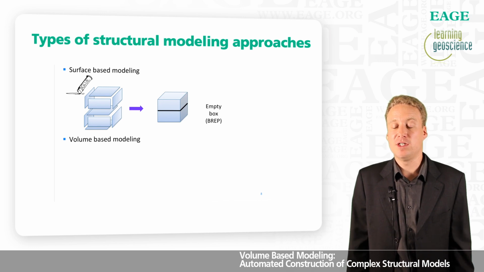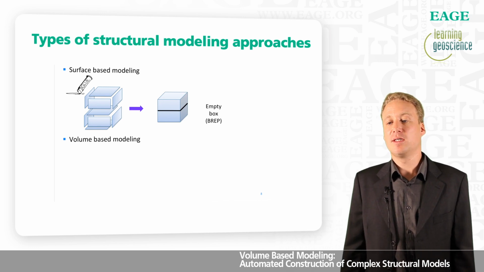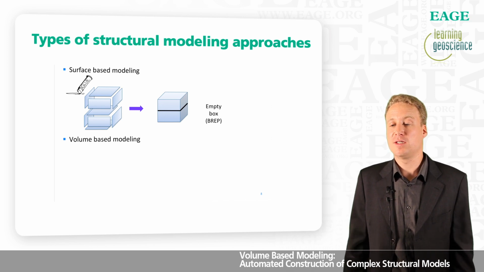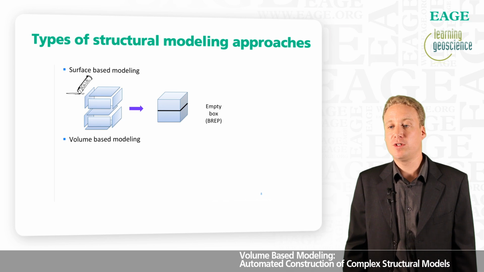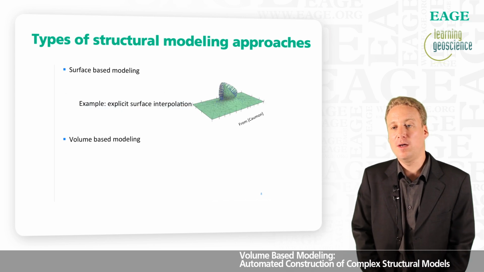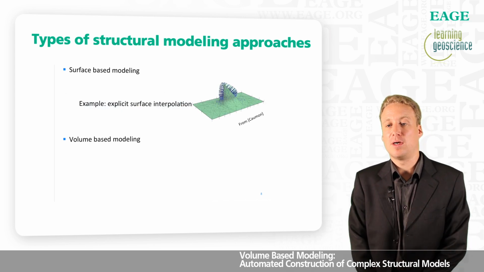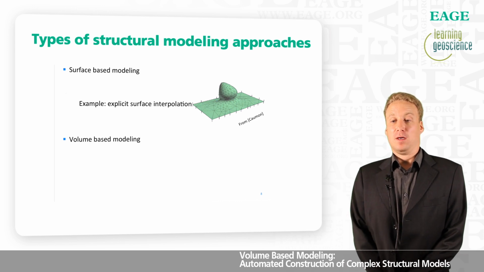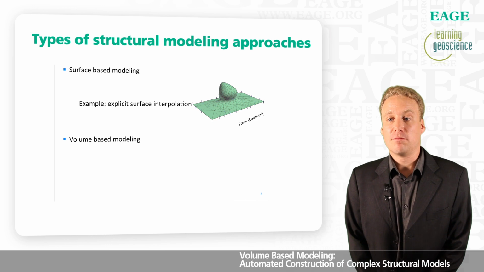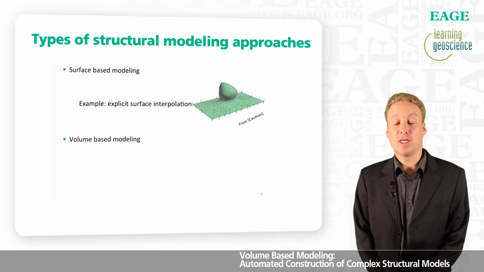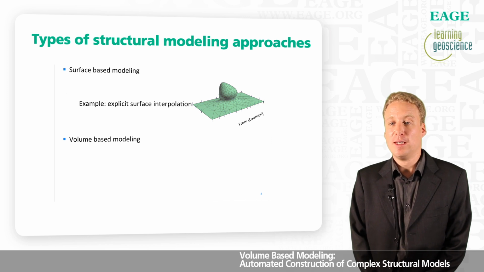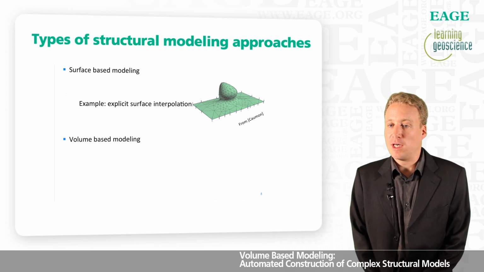A boundary representation basically is a representation of geological layers and fault blocks by their outer boundaries. An example of such technique is explicit surface interpolation, such as the techniques that were usually demonstrated by the GoCAD consortium.